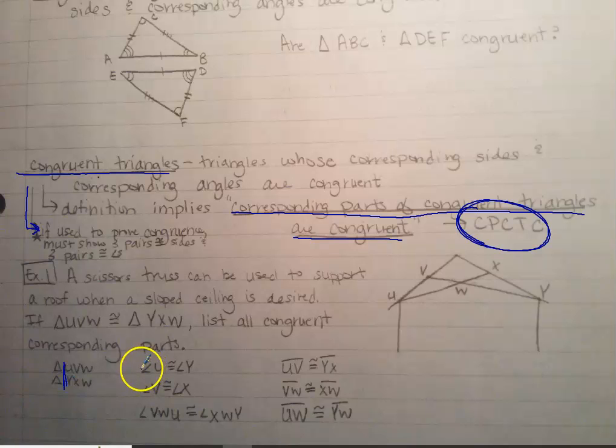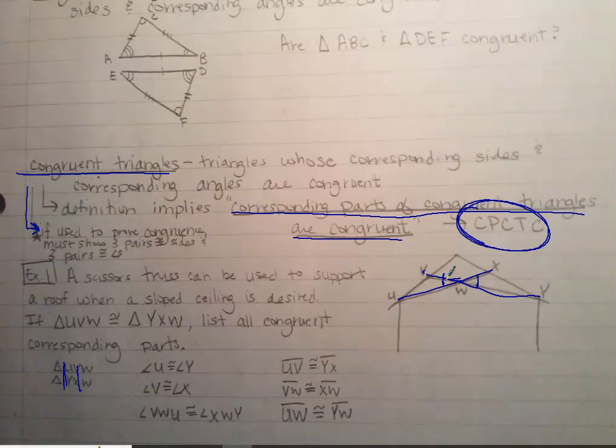That's why angle U has to be congruent to angle Y. V and X have to match up, so angle V has to be congruent to angle X. And this last one, angle VWU, has to be congruent to XWY. So this angle has to be congruent to this angle here.